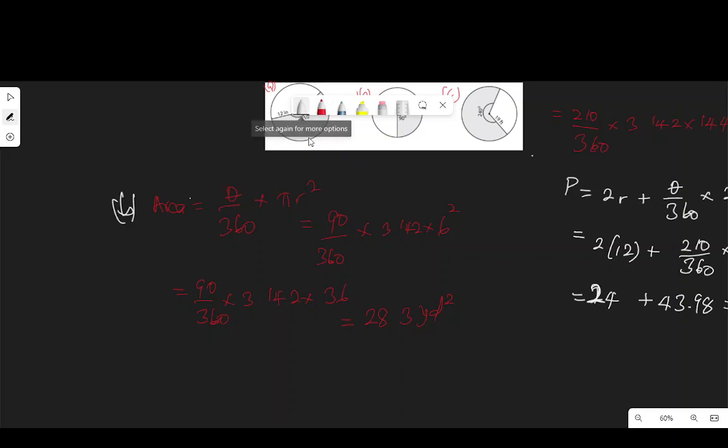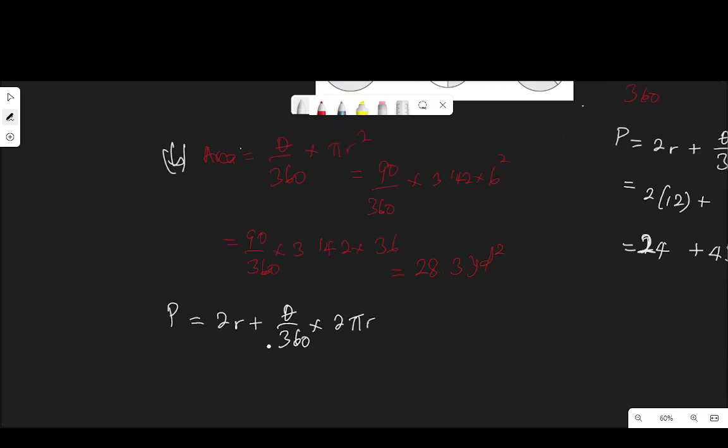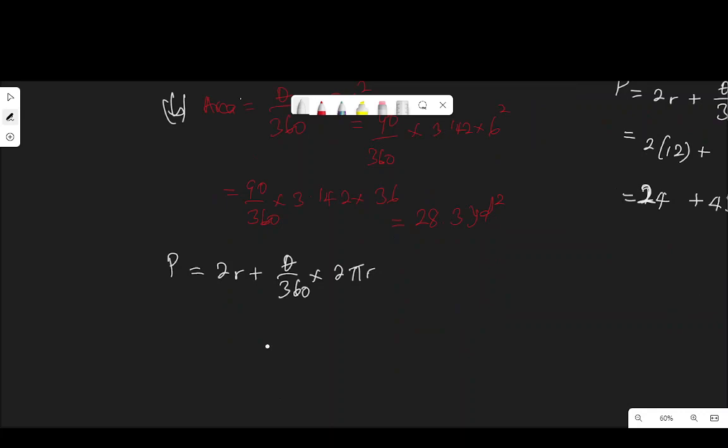Now for perimeter of a sector, P is equal to 2r plus theta over 360 times 2 pi r. Okay. Now what is radius? Radius is 6. So that will be 2 times 6 plus theta is 90 degree divided by 360 times 2 times pi, which is 3.142 times 6, the radius.